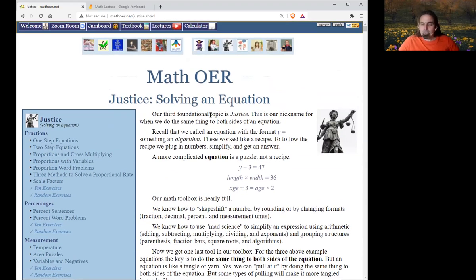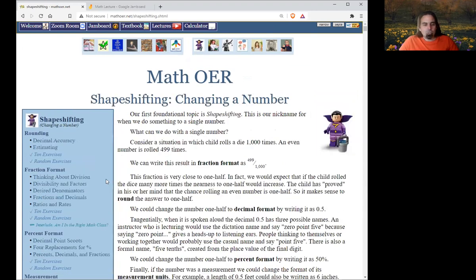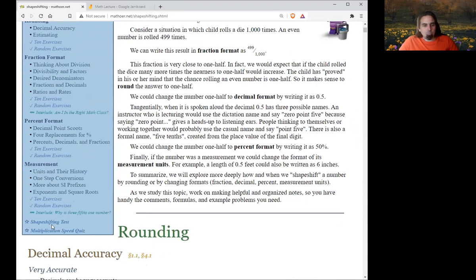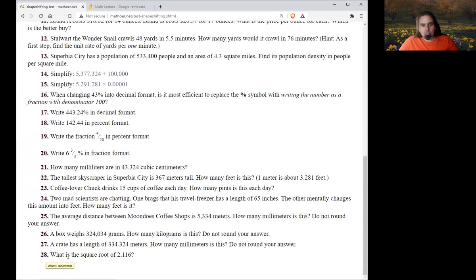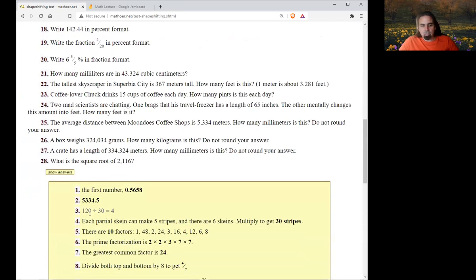If you are feeling like you're on top of things, or if you're feeling like you're behind and want to know how to get caught up, what I would recommend is start by going to the bottom of any of these topics, and there's a test for each one. So each time you load it, you get different numbers, and there's an answer key.